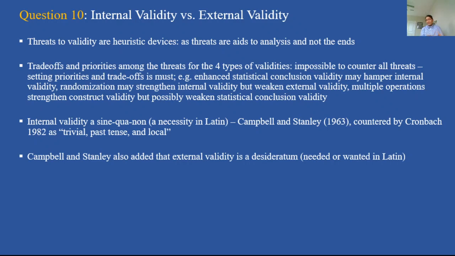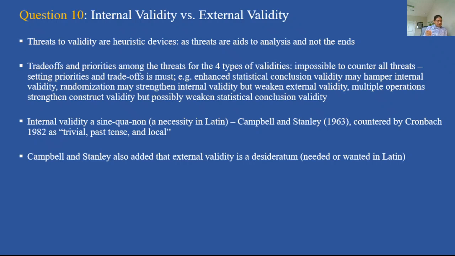Identifying them and countering them is nearly impossible. Unless, of course, it is a long-term research project where you have different experiments over a period of time, you can maybe face most of the threats, but not in single standalone experiments. So setting priorities and making trade-offs to better align the study operations with the study objectives is the most practical approach that is possible.